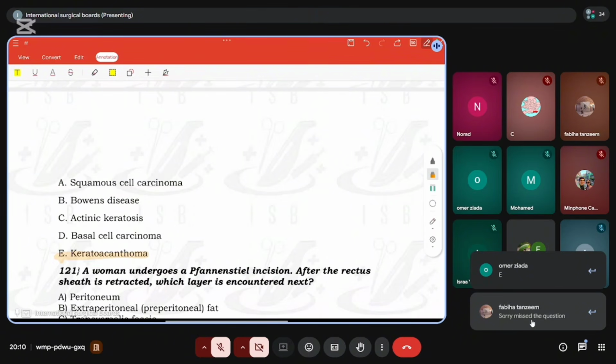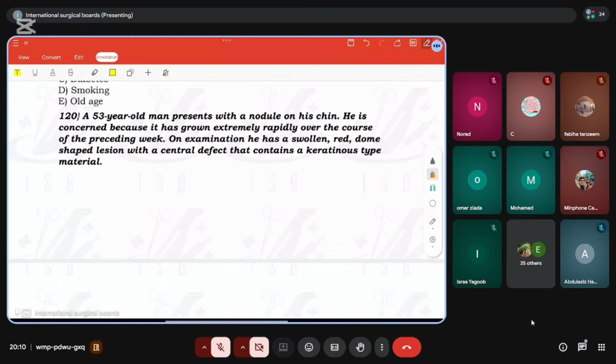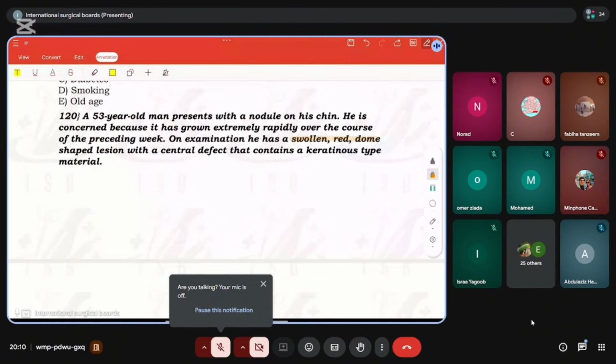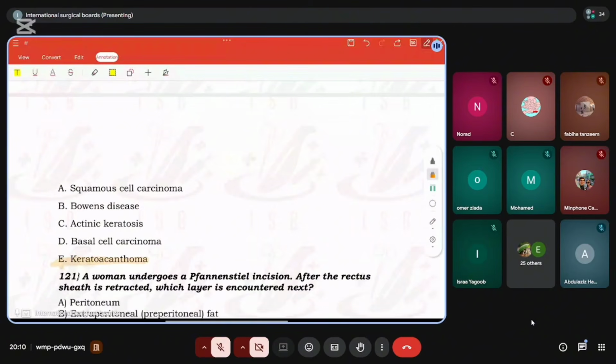This is called keratoacanthoma. Yes, Fabiha, the question is simply a 53-year-old man that presents with nodule on his chin, concerned it has grown extremely rapidly over the course of the preceding week. On examination, he has a swollen red dome-shaped lesion with a central defect that contains a keratinous type of material. So this is a very accurate description they've given to keratoacanthoma.